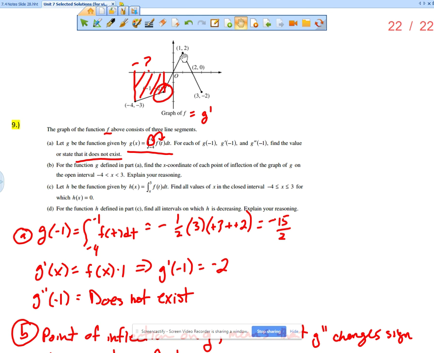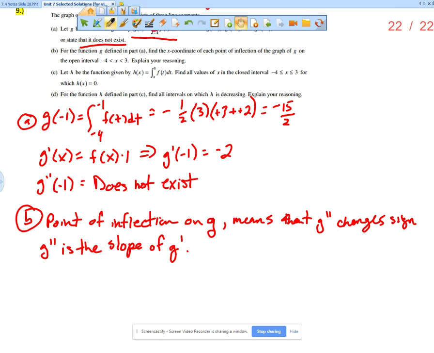So the slope changes at x equals 1. A point of inflection on g means that g double prime changes sign. G double prime is the slope of g prime. So at x equals 1, that is our justification. Those sentences are our justification of a point of inflection on g being at x equals 1. So that is part B.